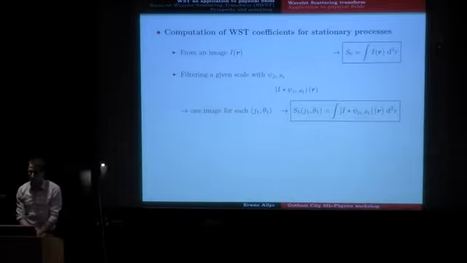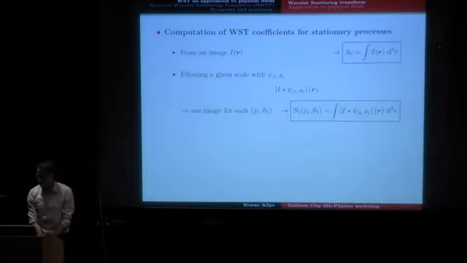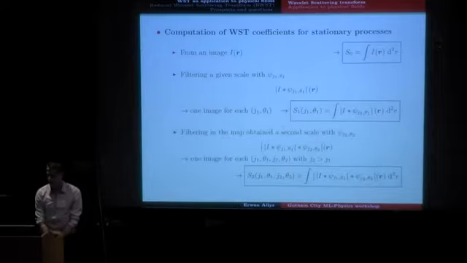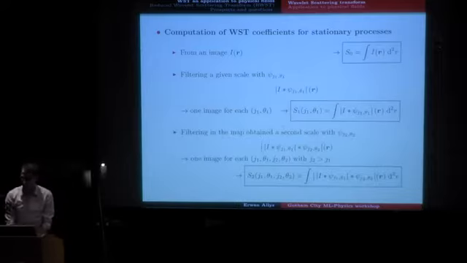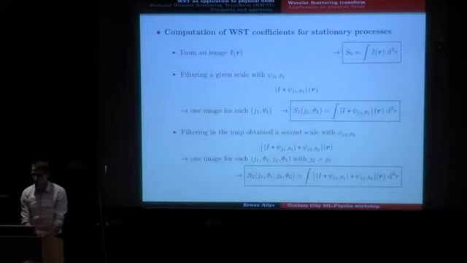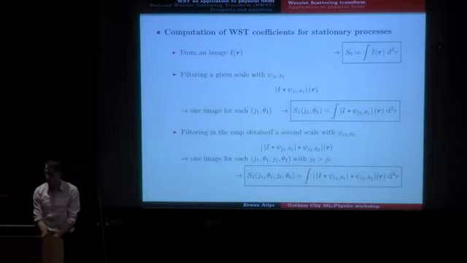As it's a convolution, we have one image for each oriented scale j1, theta 1, and can integrate to get a coefficient. So we have one coefficient for each oriented scale. Then we can do it again: we filter the map we had previously with a second wavelet, with an oriented scale j2, theta 2. So we have one image for each pair of scales. We can integrate, and we have the coefficient S2 of j1, theta 1 and j2, theta 2.